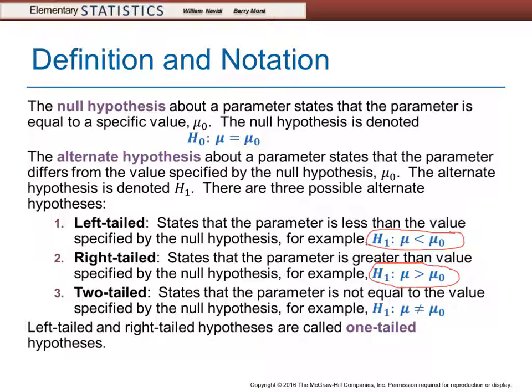And finally, we have the third option, which is H1, where mu is not equal to mu naught. It differs. So here we state the parameter is not equal to the value specified by the null hypothesis. Both 1 and 2 are called one-tailed tests, and we will see how they work in Chapter 9.2.